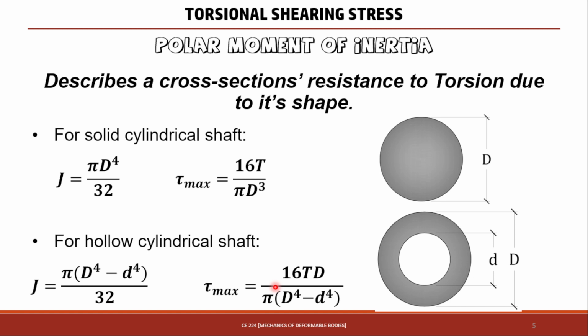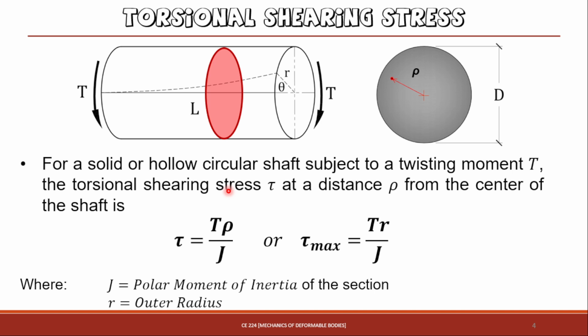Okay? So, polar moment of inertia is the ability of a cross-section to resist twisting. Okay? So, if we notice in our equation, the polar moment of inertia is inversely proportional to the shearing stress.